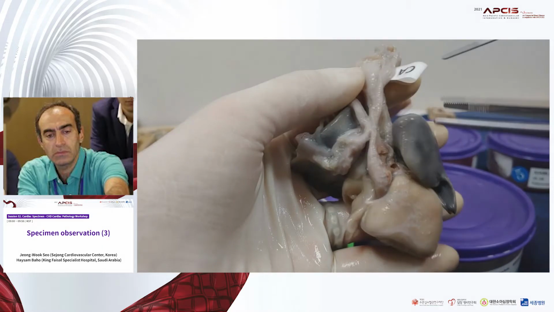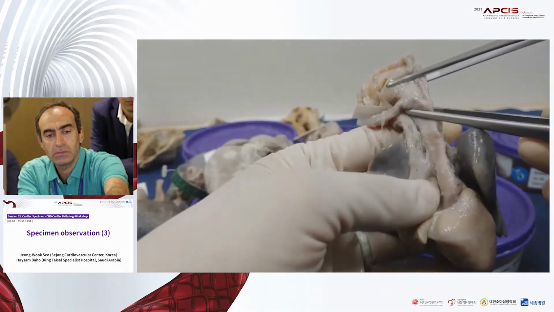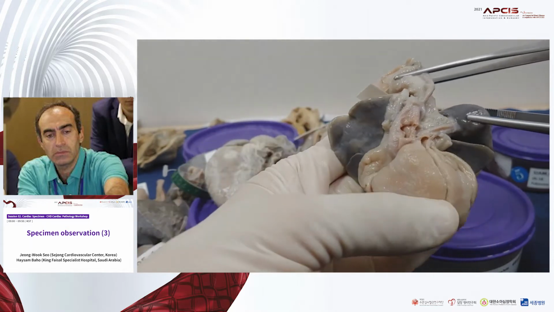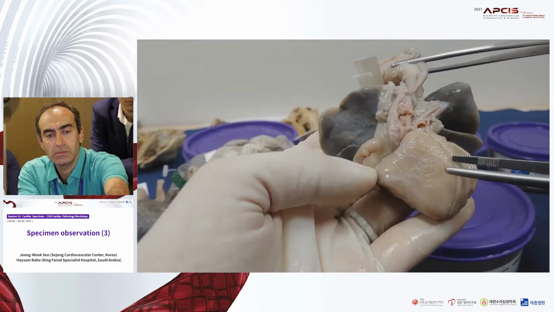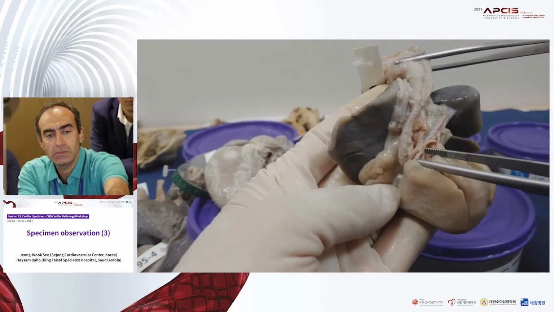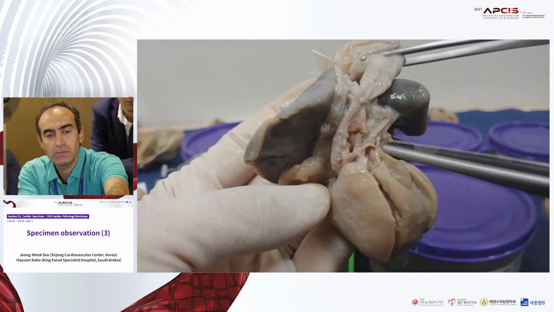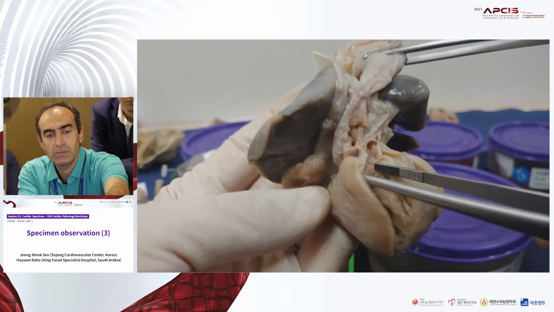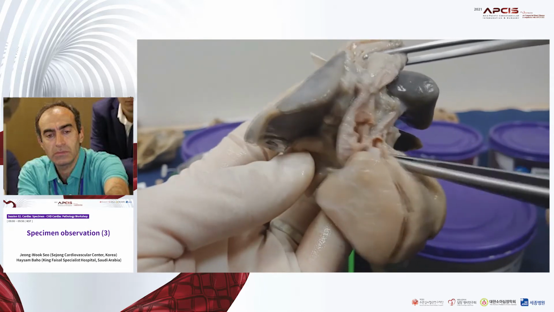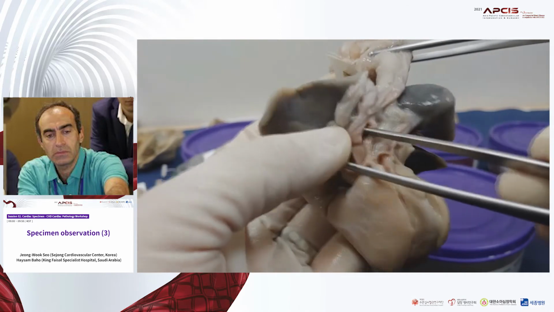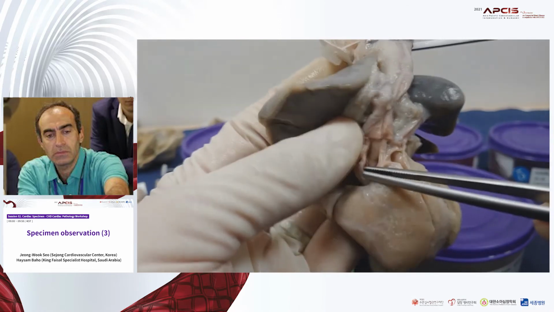So here's another specimen. As we said, there are several ways of creating a systemic to pulmonary shunt. This is one specimen of a case. If you look here, you can see that the pulmonary valve is very small, hypoplastic, and the pulmonary circulation was sustained, however, not by a surgical shunt, but by a natural shunt.